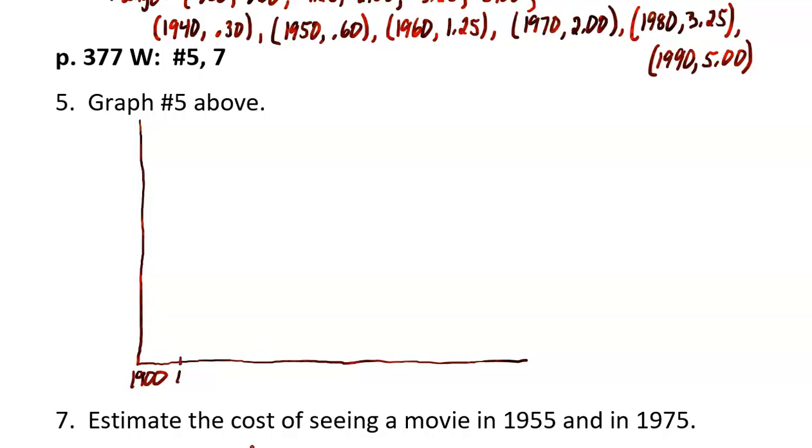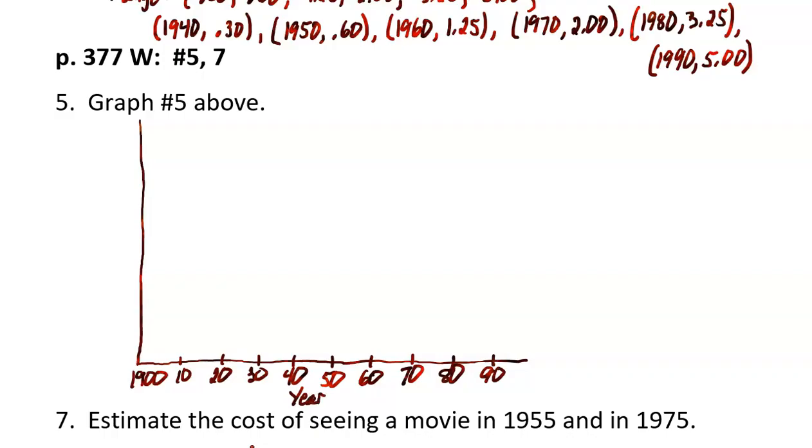This could be 1910, 1920, 1930, 1940, 1950, 1960, 1970, 1980, and 1990. The x-axis is showing the year.